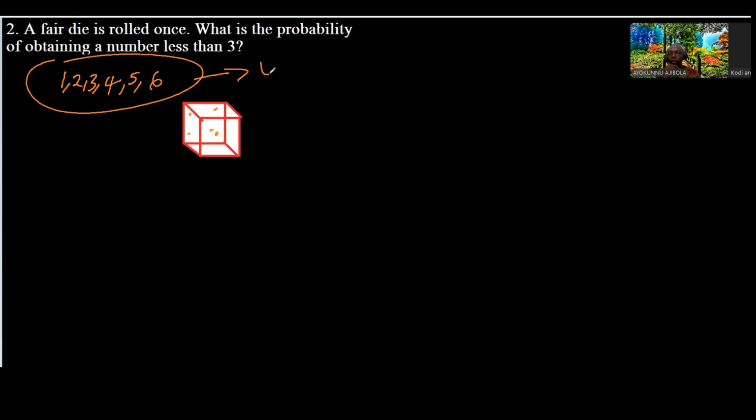So this is our total population, or call it sample space. Is that clear? Yes, sir. Sample space. So they are requesting for numbers that are less than 3. How many of them are less than 3? Only 2 numbers, which is 1 and 2.